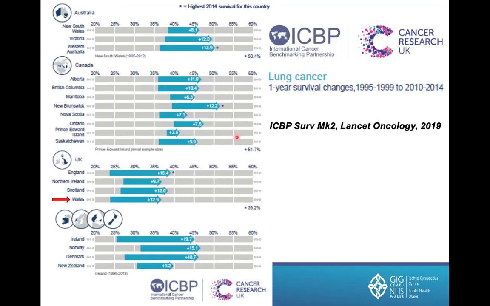So it shows you, for example, Western Australia, about 50%, and New Brunswick in Canada, they've all made good advances on the whole. About 50% survival is possible with early lung cancer, I imagine. So that is a worthwhile endeavour.